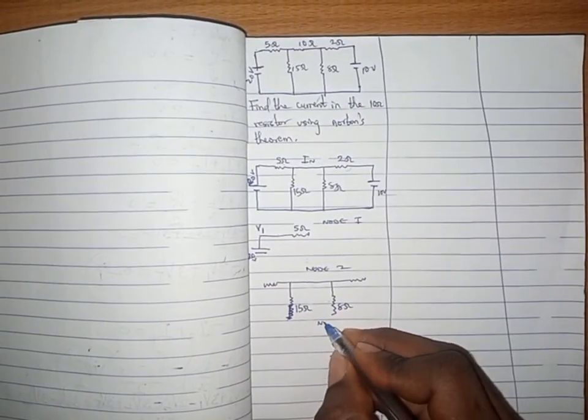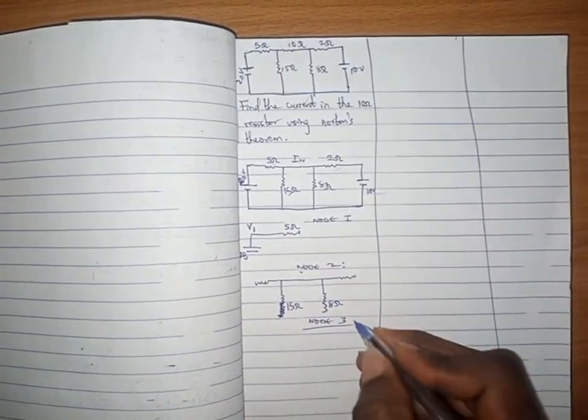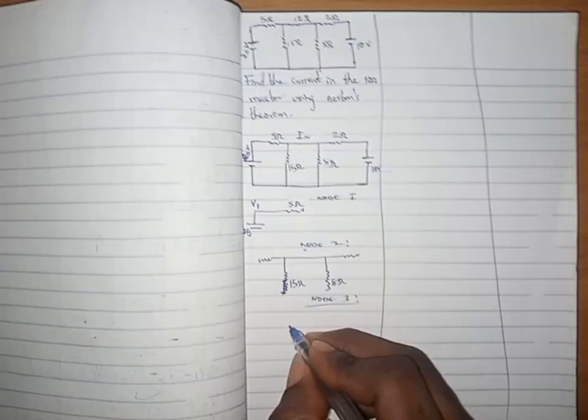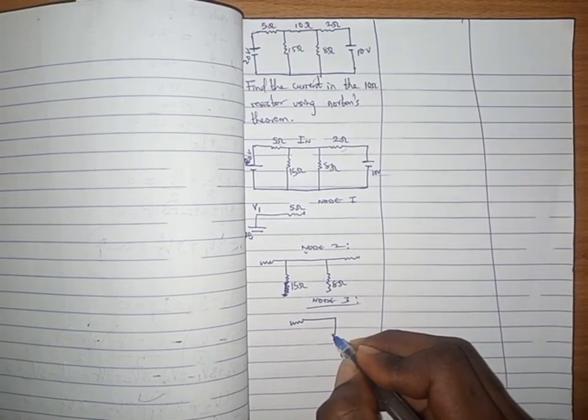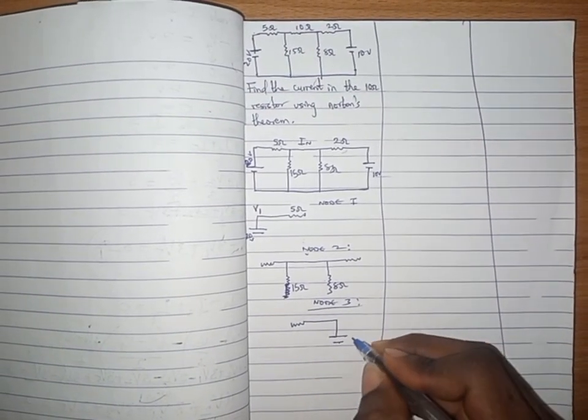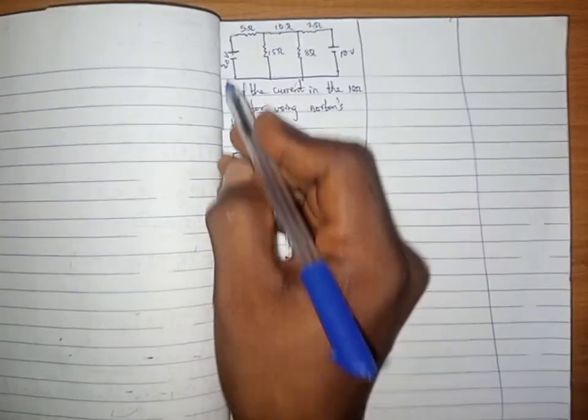Now for node 3, starting from that 2 ohm resistor down to the voltage on the right hand side, which is 10 volts. Remember, this is 20 volts. This is the main diagram.